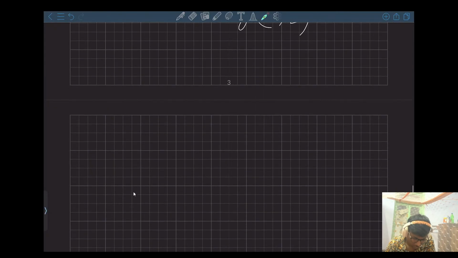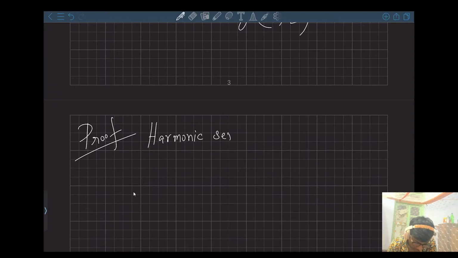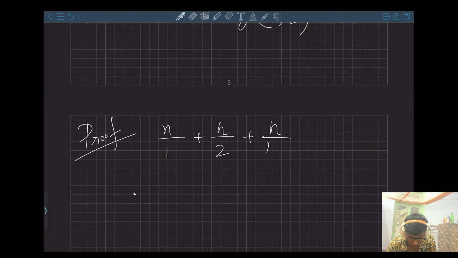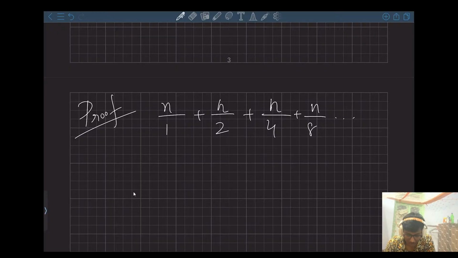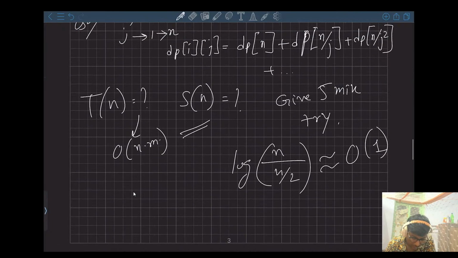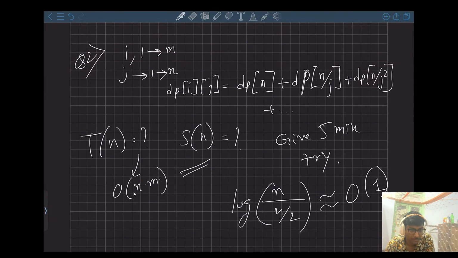I will try to give you a small proof. Harmonic series, not exactly harmonic series. Let's try to approximate. So say n by 1 plus n by 2 plus n by 4 plus n by 8 dot dot dot. This is log n, almost exact. But here we don't have n by 1, n by 2.